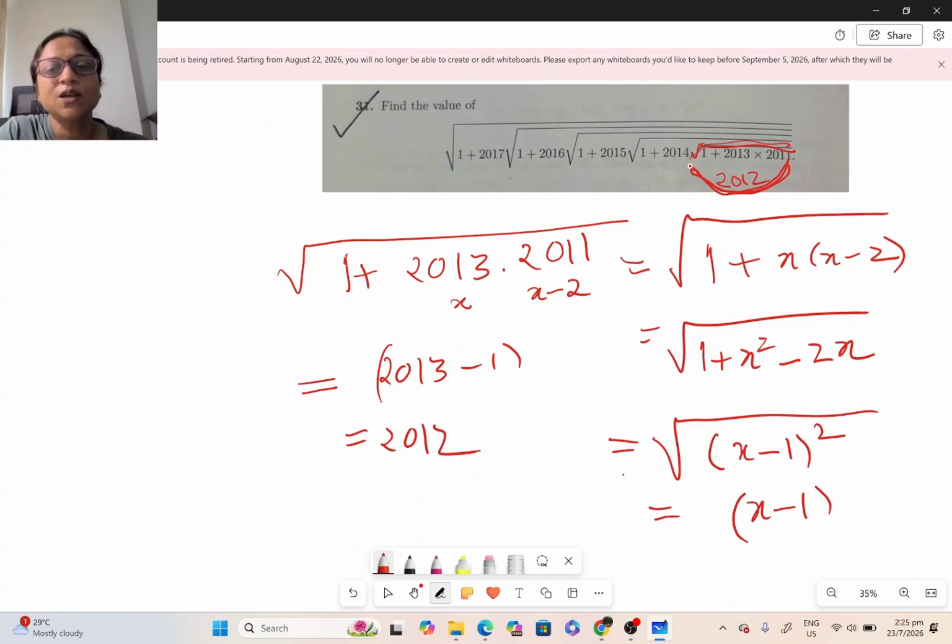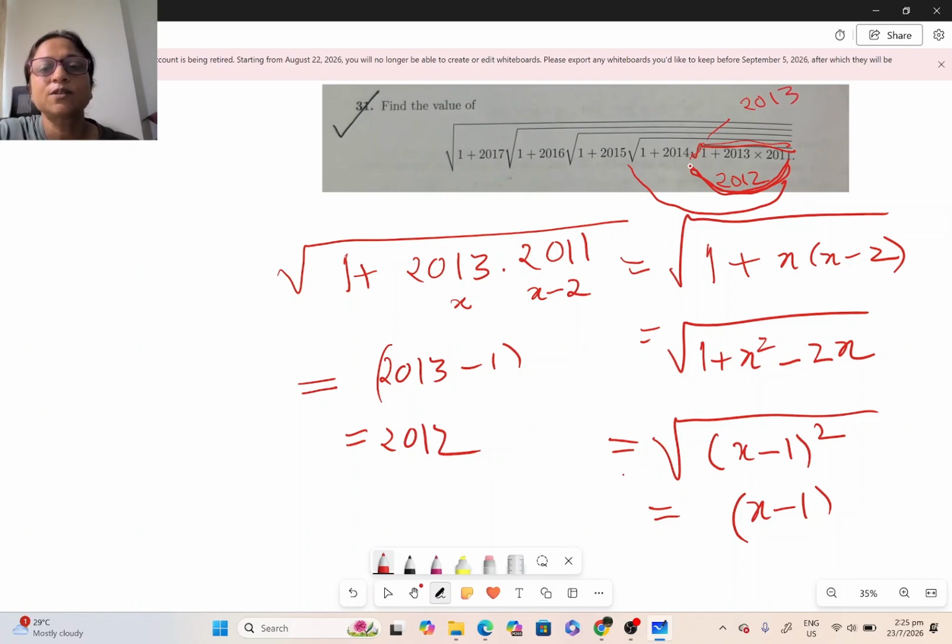Now you have a similar thing, 1 plus 2014 times 2012, again x and x minus 2. So the value of this would be x minus 1, which is 2013, correct?